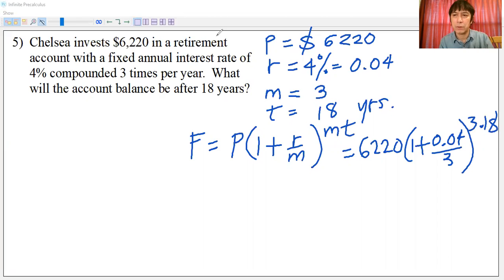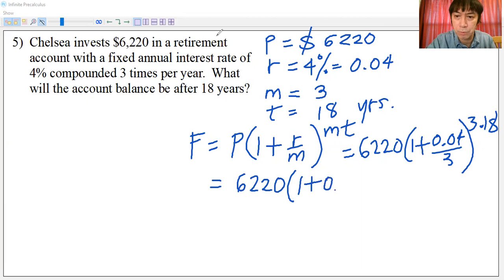We shall simplify this first. 0.04 over 3 should be about 1 over 75. That should be 0.013333, repeating decimals, raised to the power 3 times 18. That will be 54.